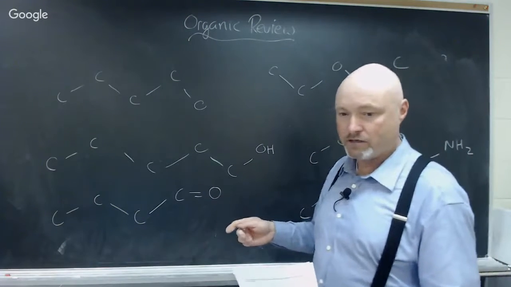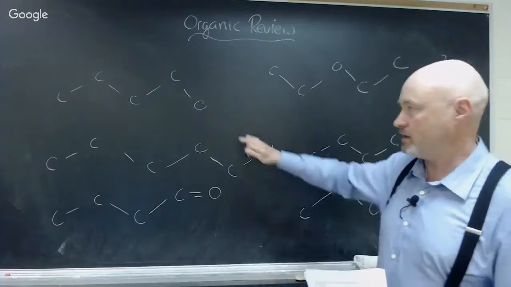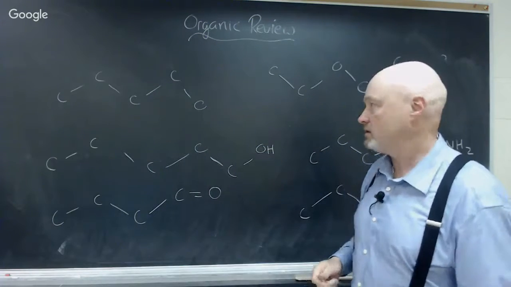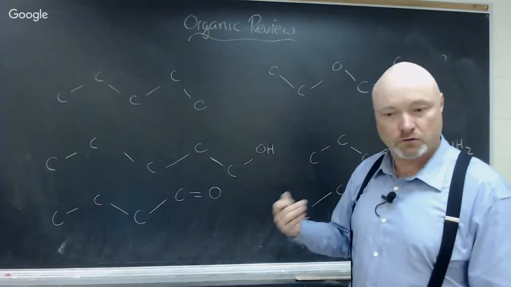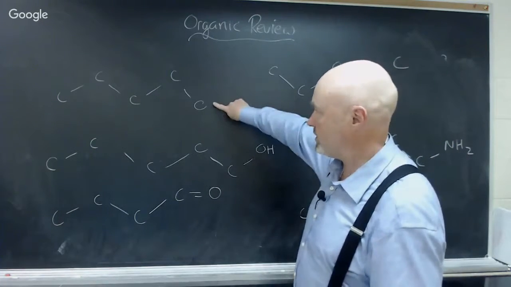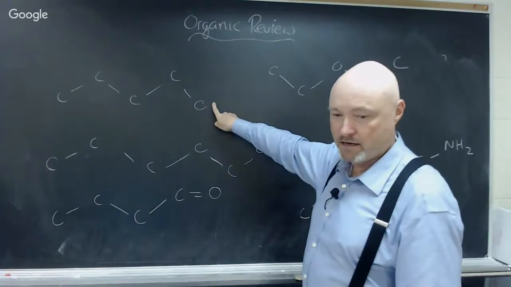I've just drawn all the molecules up here, but I've given the skeletons without the hydrogens. And you just have to go through and name them based on the functional group. So here's the first one that's on the review. Can you name it?